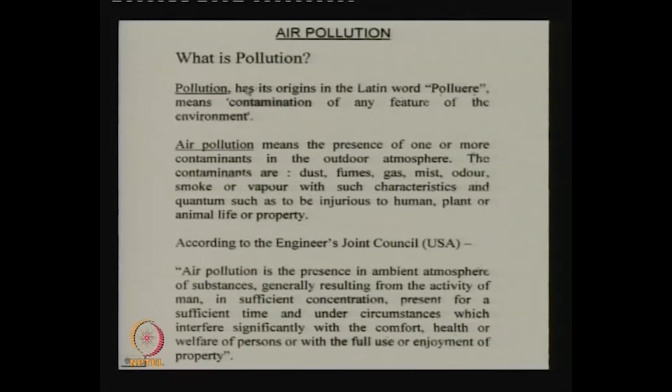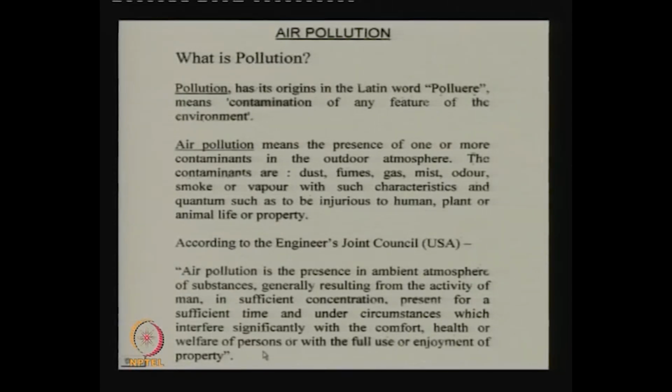I went on to define the word pollution, air pollution. I have given a very good definition given by Engineers Joint Council of USA, where they said air pollution is the presence in ambient atmosphere of substances generally resulting from activity of man in sufficient concentration present for sufficient time and under circumstances which interfere significantly with comfort, health and welfare of persons.